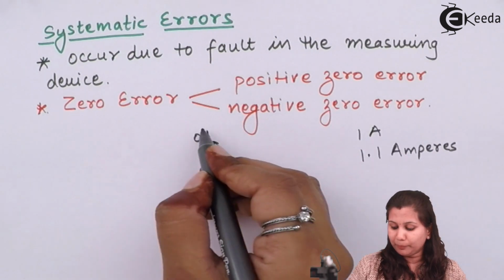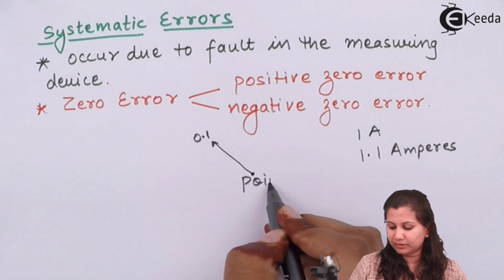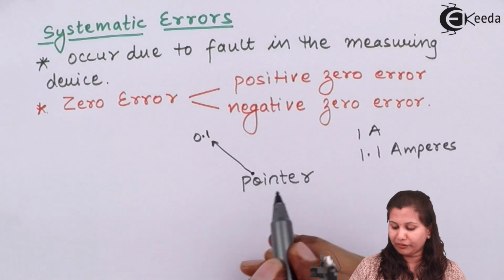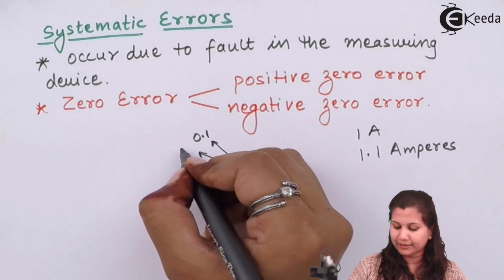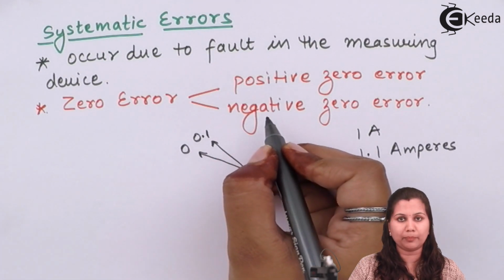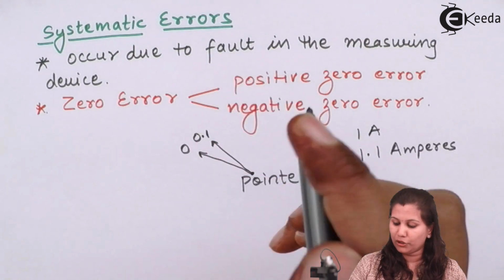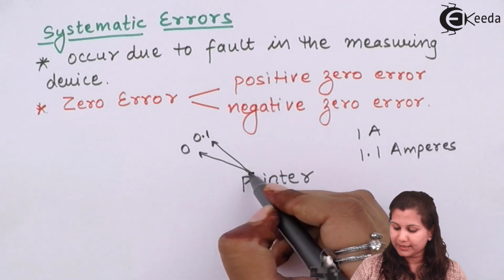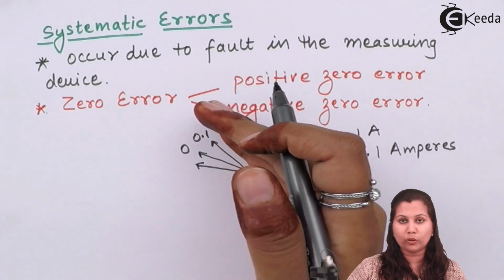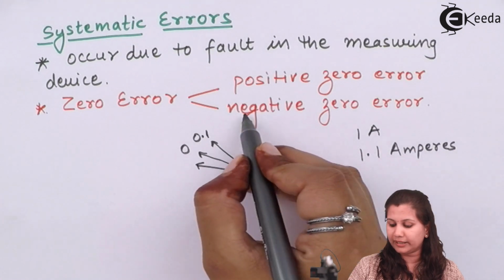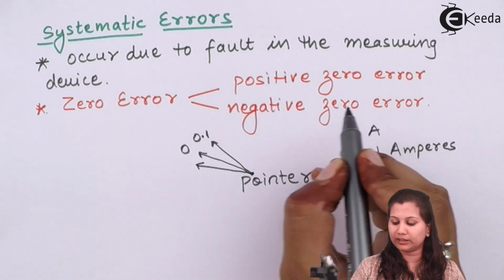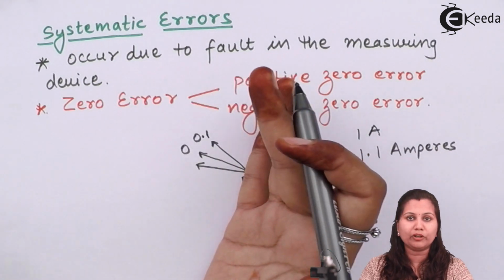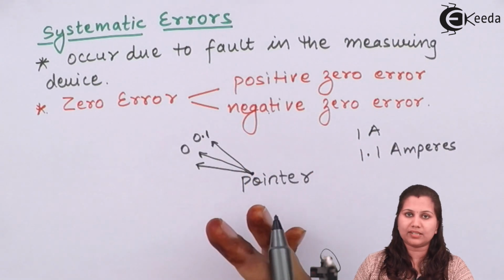Due to the pointer of the ammeter, this error has occurred in the measurement. This pointer has to be at 0, but it is towards the positive side at 0.1. That type of error is called positive zero error. If the pointer is below 0, then the error which occurs is called negative zero error. So zero error can be a positive zero error or a negative zero error.